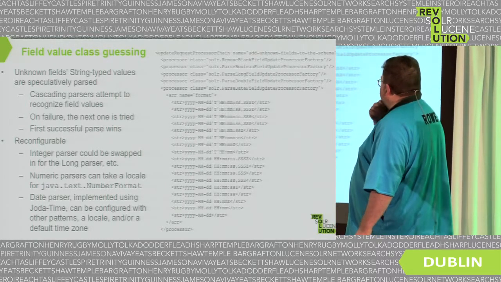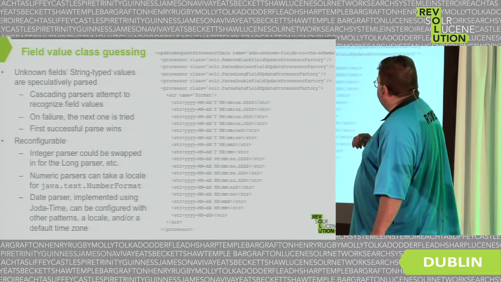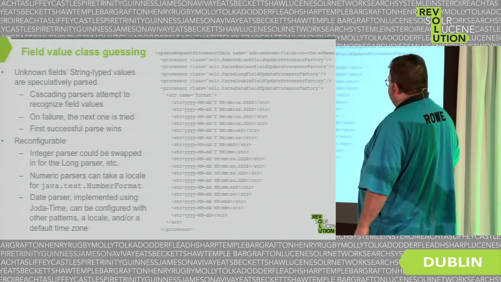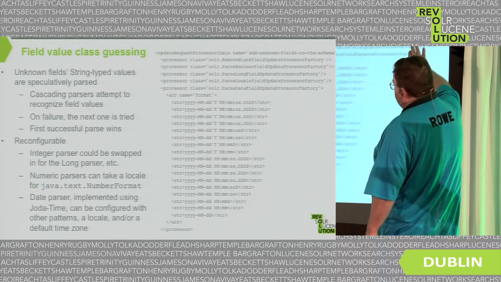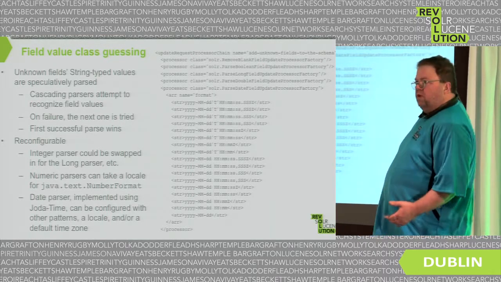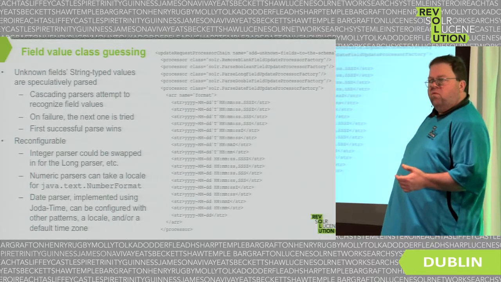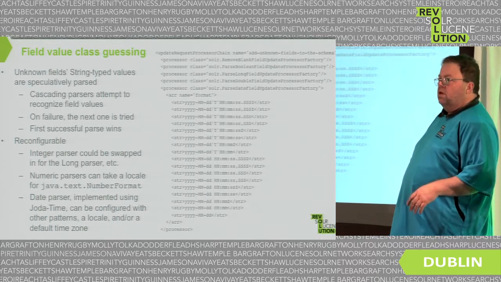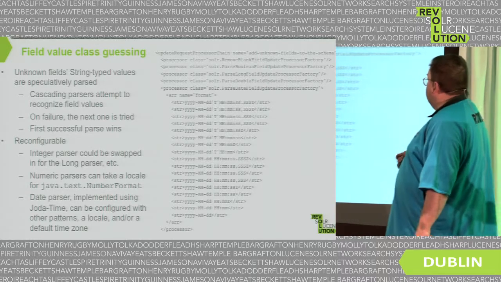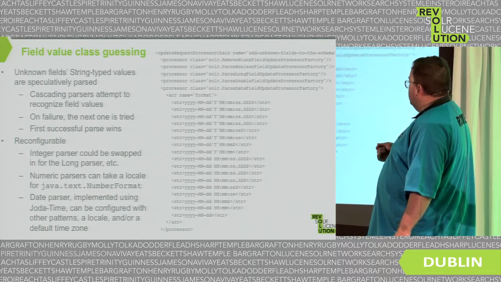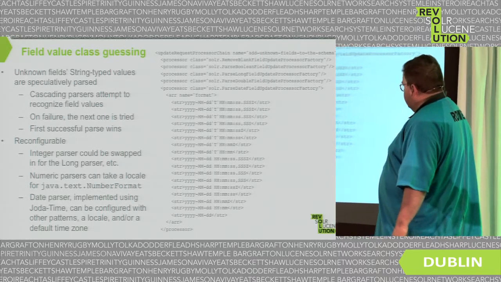Another possibility is supplying a locale to use for the number format parsers that are used for the numbers here. So that if, for example, you want to be able to detect floating point numbers in some European countries that use, for example, commas instead of periods for decimal places.